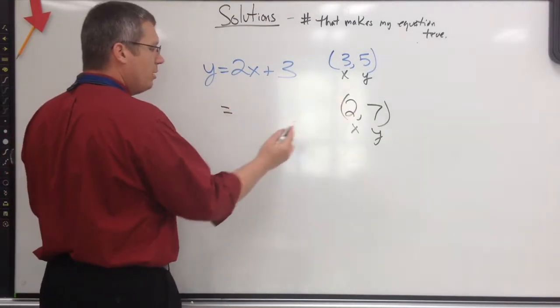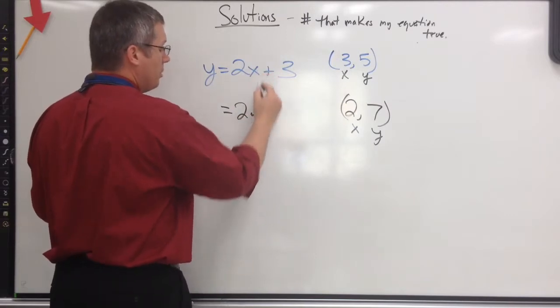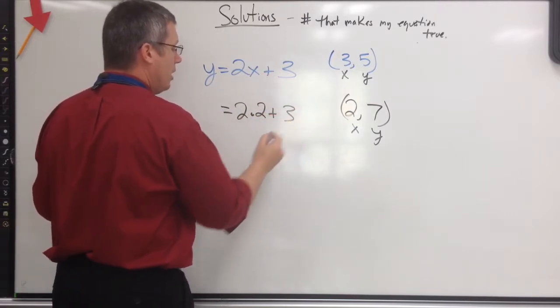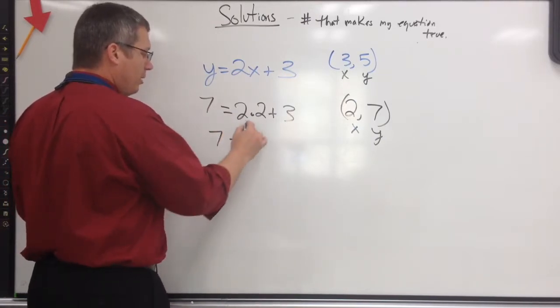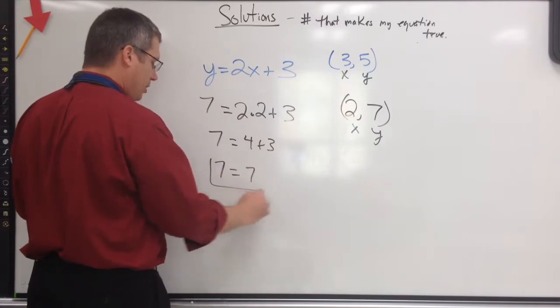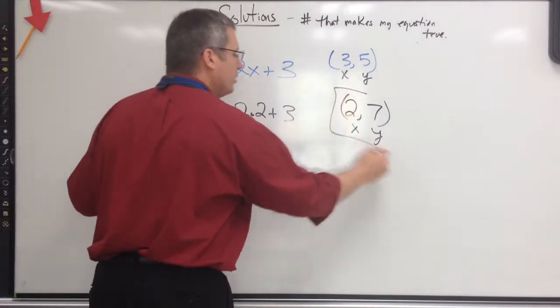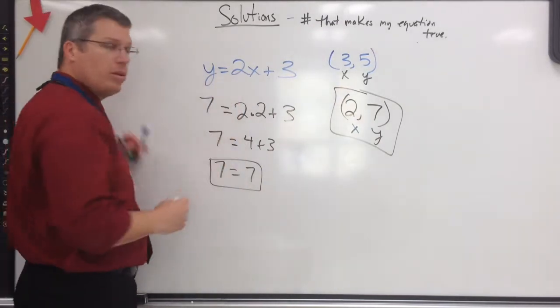So let's substitute in x. Instead of 2 times x plus 3, I'm going to put 2 times 2 plus 3. On the other side, I'm going to put 7. This is 7. This is 4 plus 3. 7 equals 7. So yeah, this is a solution, a pair of numbers that makes this true.